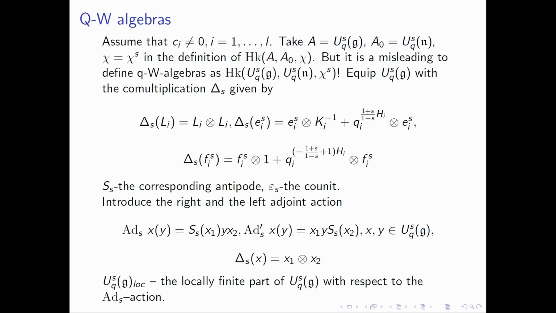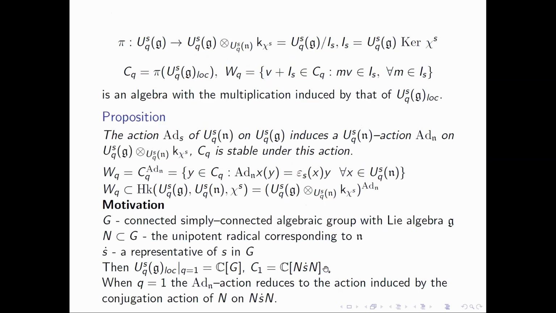And the main motivation for the appearance of this object is that when q is equal to 1, it degenerates into the algebra of regular functions on the connected, simply connected algebraic group associated to the same root system as the underlying algebra g I started with.